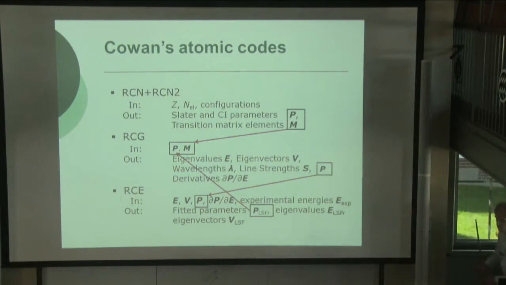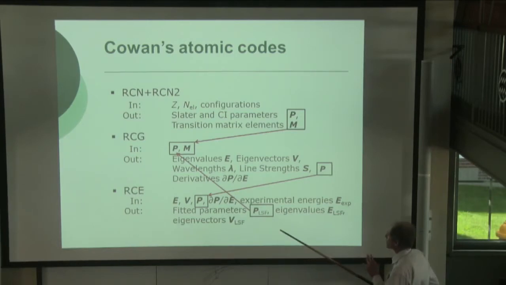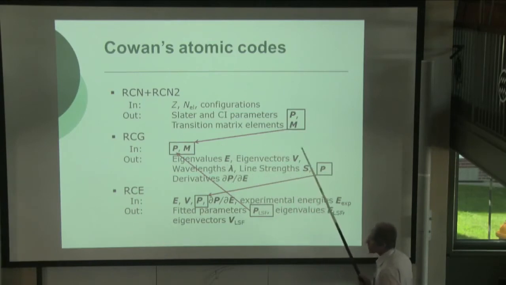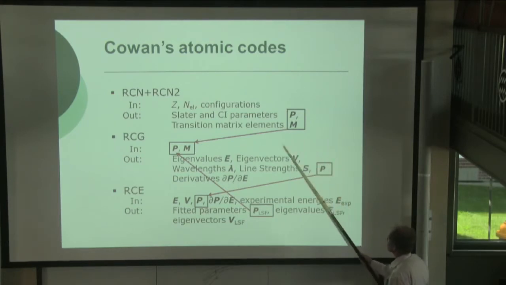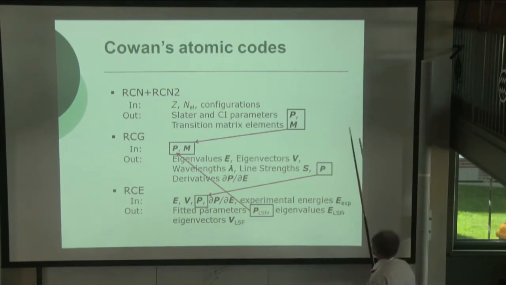It's simpler for me to use the pointer. So the code consists of several parts. The first part of the code computes single configuration parameters such as average energies and Slater parameters for each configuration. And also it gives you transition matrix elements, dipole or magnetic dipole or quadrupole matrix elements.